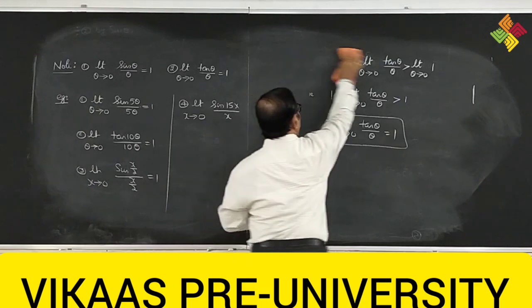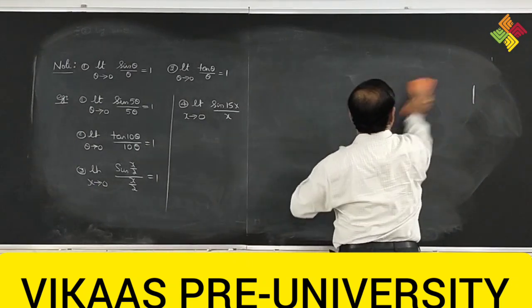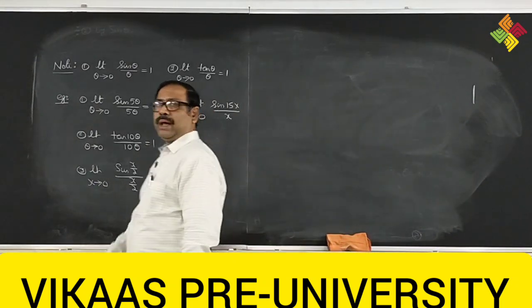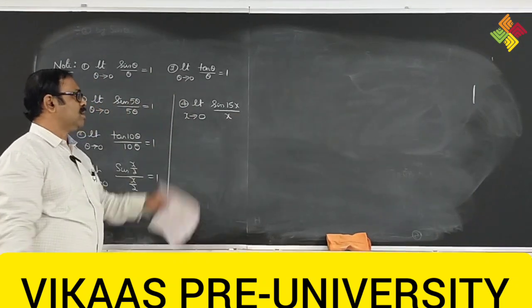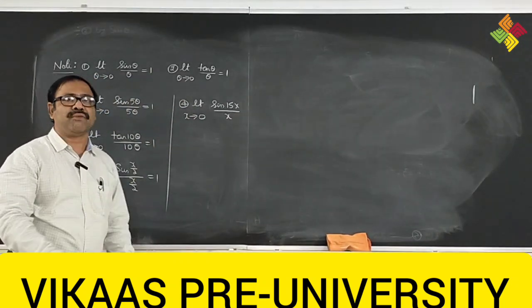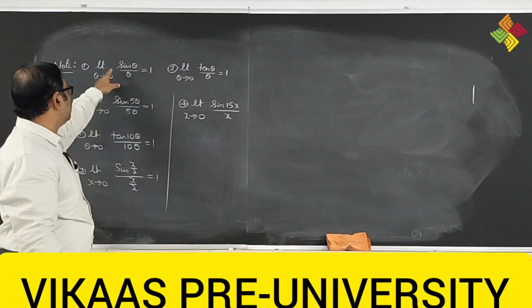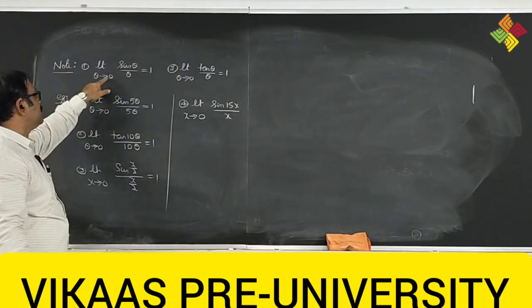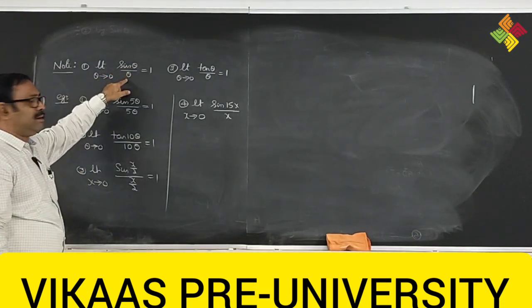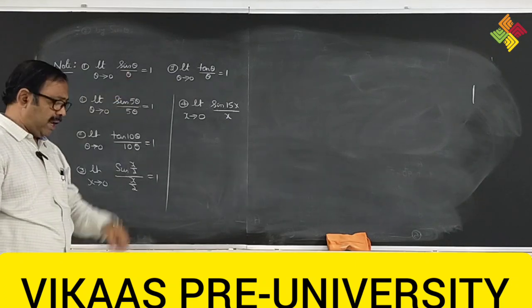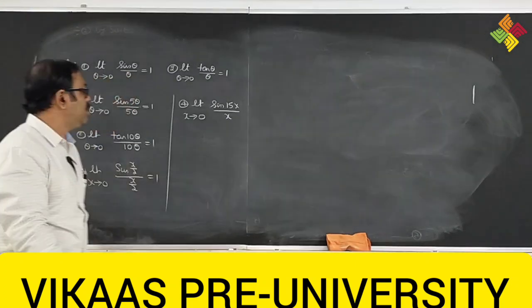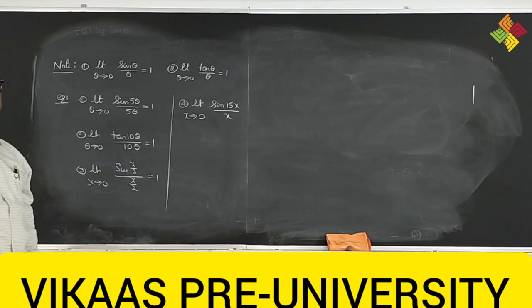Tell me, is it equal to 1? Is it in the standard form? No. What is the standard form? Limit theta tending to 0 sin theta by theta is the standard form.